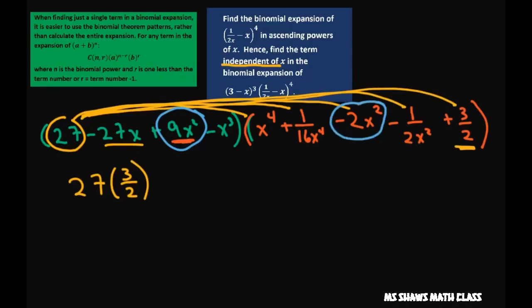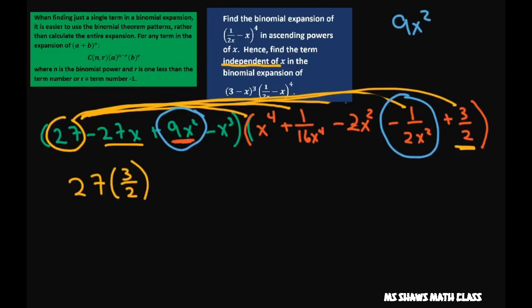However, when I multiply this one by all the terms, when I multiply these two, or no, not those two, sorry. Let me erase that. Minus 2x squared. When I multiply these two, I'm going to get 9x squared divided by 2x squared. So this is negative 2x squared. So these x's cancel, so we do have a term that's independent of x.